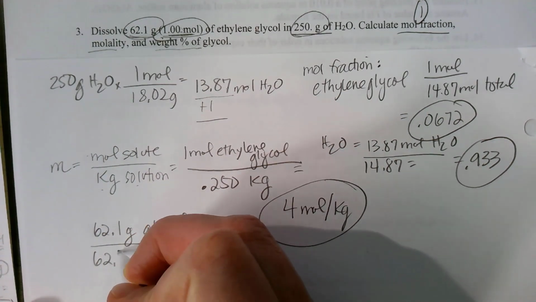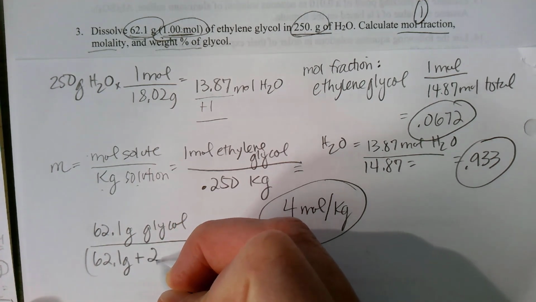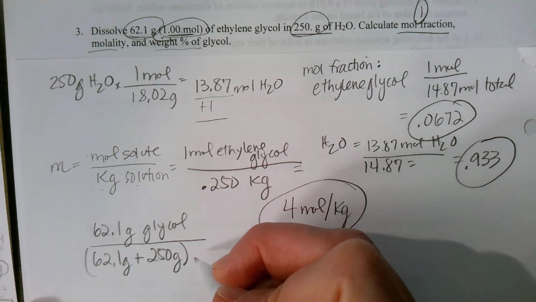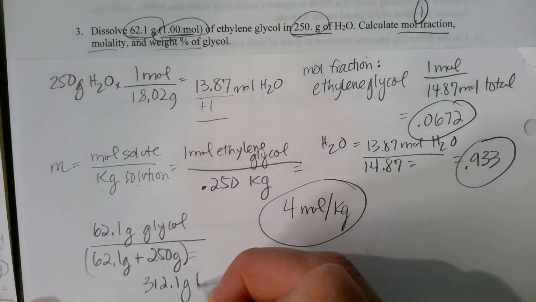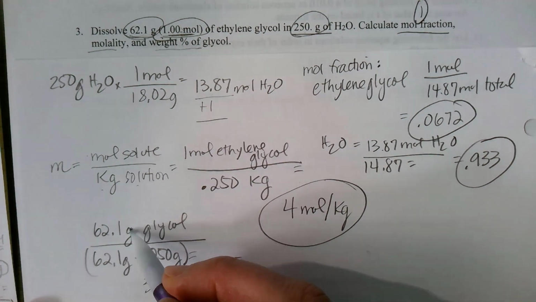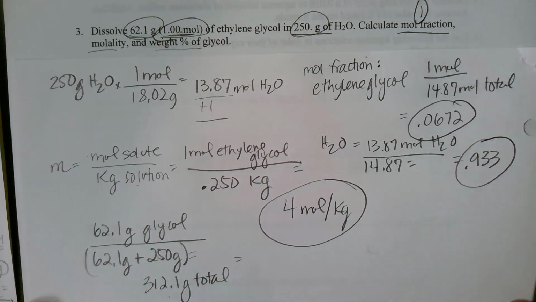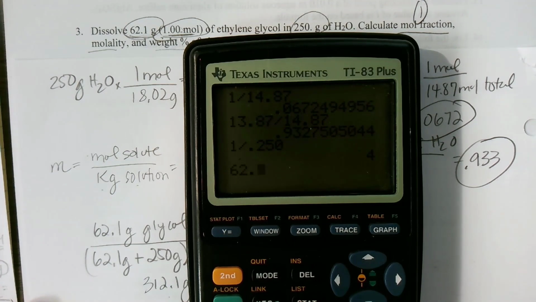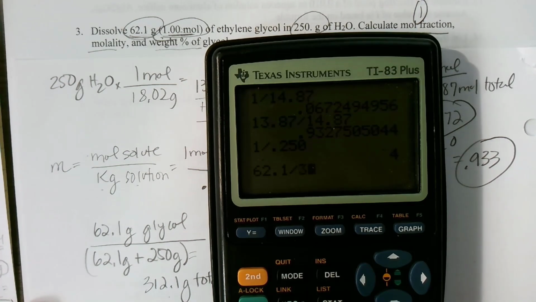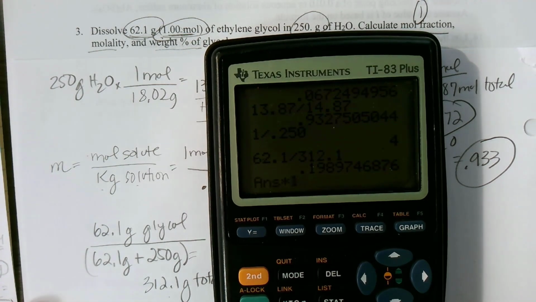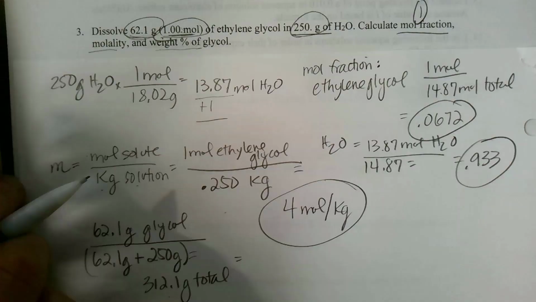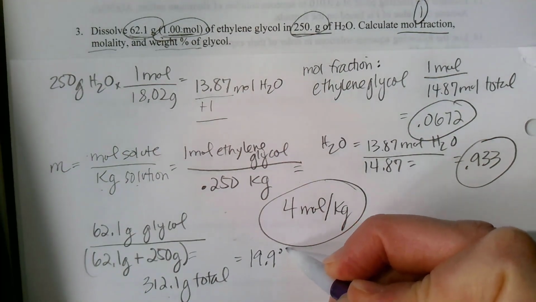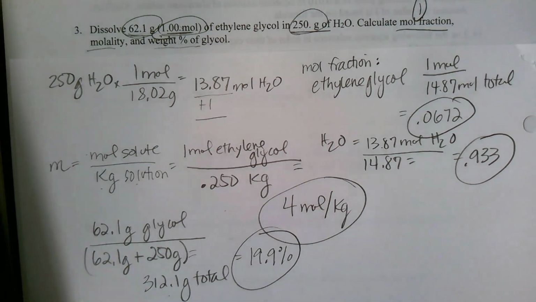So we have 62.1 grams plus 250 grams. So that's a total of 312.1 grams total. So our part divided by the whole, that'll give us our weight percent. 62.1 divided by 312.1. And then we times that by 100. So 19.9% would be our weight percent of glycol.